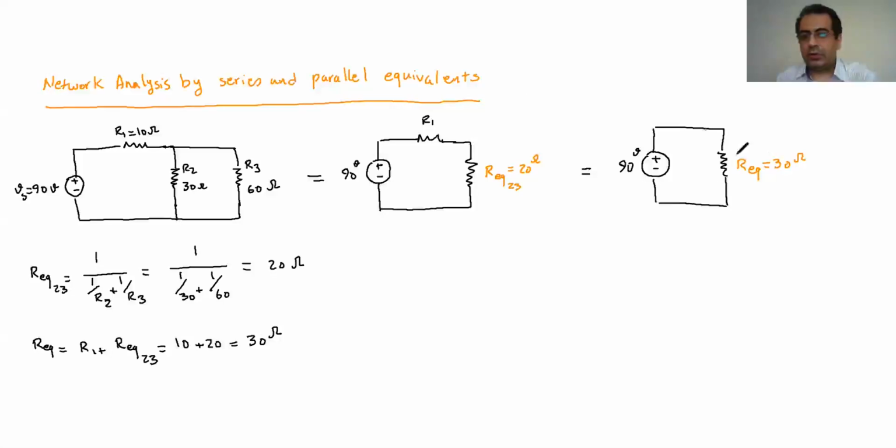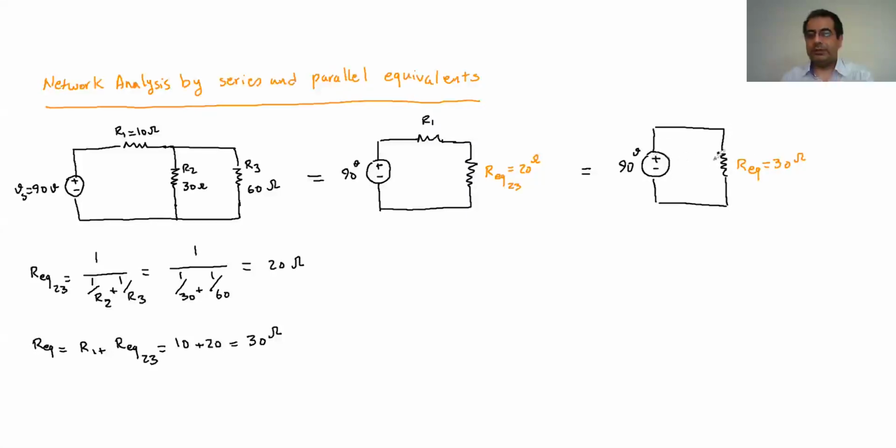Now I start to analyze it from here, and then I go back to this one, and then I go back to this one. Here, it's very simple because the resistance is connected to the 90 volt battery. So the voltage across the resistance is 90 volts because there's nothing else here. By Kirchhoff's law, you remember the quiz we had last session, it was simple like that.